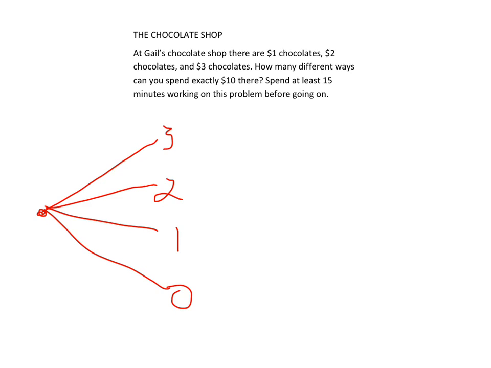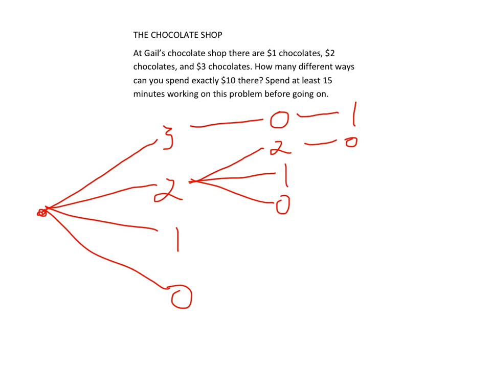If we buy 3 $3 chocolates, we'll have 0 2s and 1 1. If we have 2 $3 chocolates, then we could have 2 2s, 1 2, or 0 2s, and then this would be 0, 2, or 4 1s.